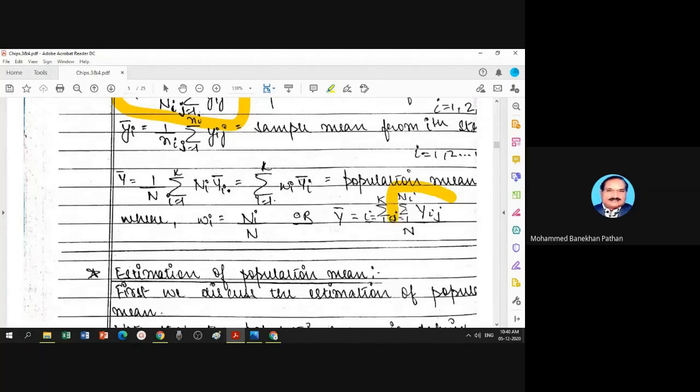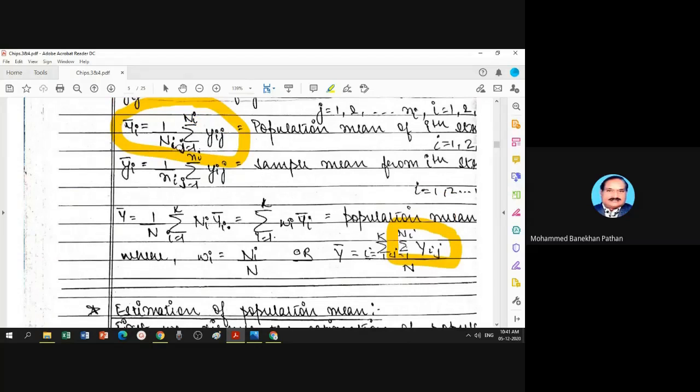It is coming from Yi dot bar, which is written here. So this Ni goes to the left side, and that is nothing but your double summation, i from 1 to K, over capital N. So this quantity is the total of all population values divided by the total number of units in the entire population. That is Y bar.